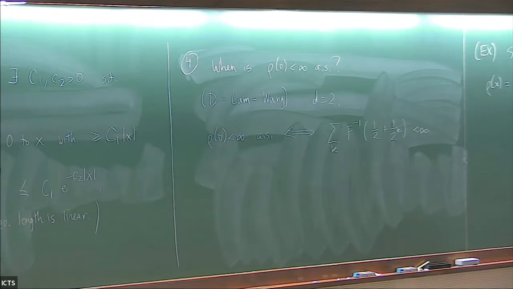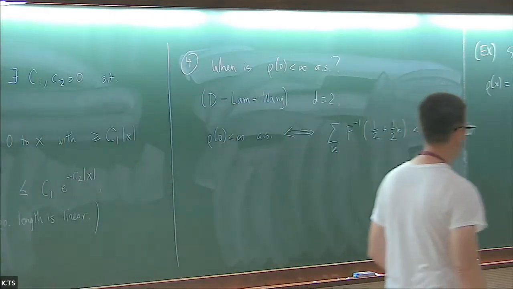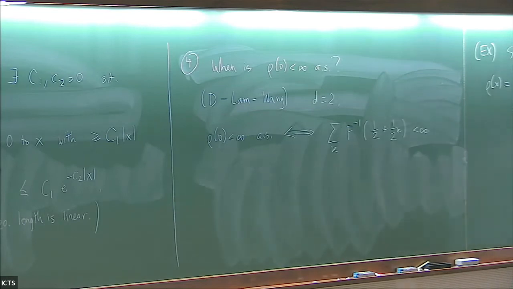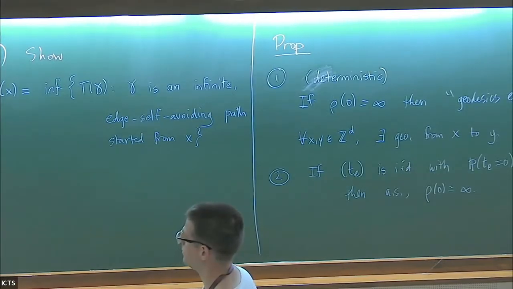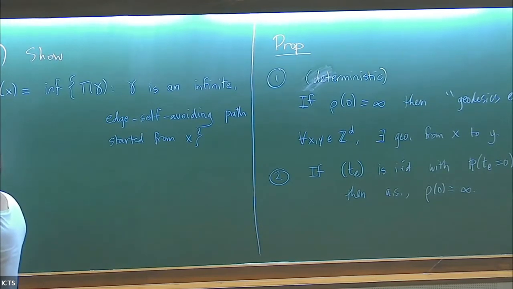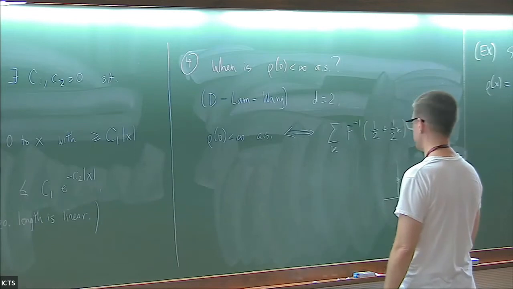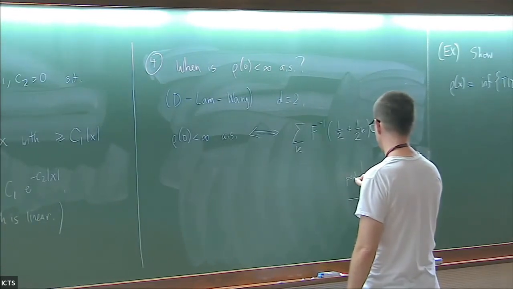Any questions on that? So if you're subcritical, you mean the result over here that if the probability that t equals 0 is less than p_c, then rho is infinite. Can you see that from this sum? It'll be below that eventually. Yeah, so I think that's right. If you look at 1/2, so you have your distribution, maybe you have an atom here of size, I don't know, p, which is less than 1/2.